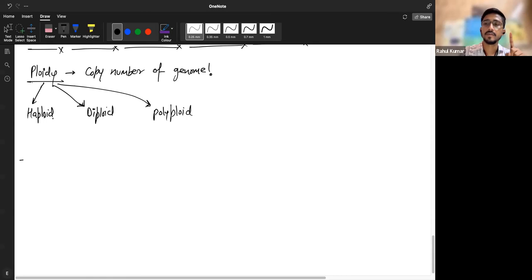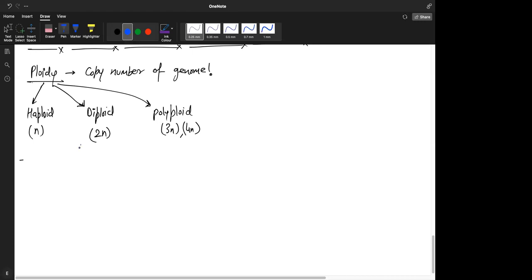Haploid is 1, so it has just one set of the genome. Diploids have 2 sets of the genome. Polyploids have multiple sets of the genome: triploid, 3 sets; tetraploid, 4 sets; hexaploid, 6 sets. We denote haploid by n, diploid by 2n, and polyploid will be 3n or 4n, etc. Is it clear?